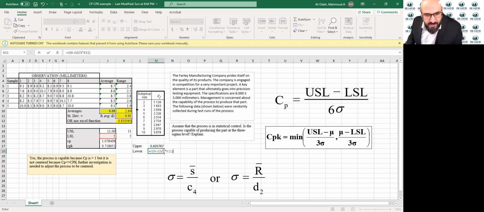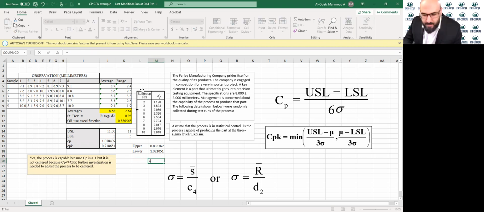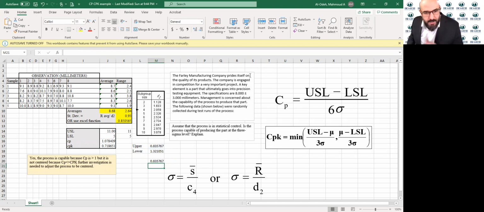I'm going to put parentheses here to ensure the priority goes here first. Now we take the minimum between these two, close the parentheses, and that would be 0.83.